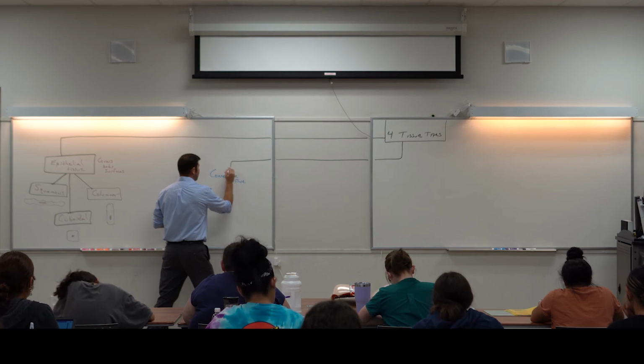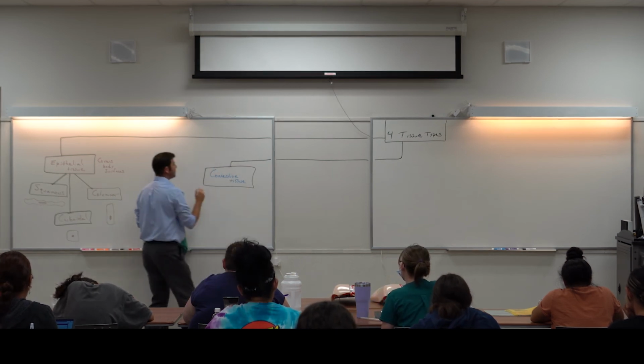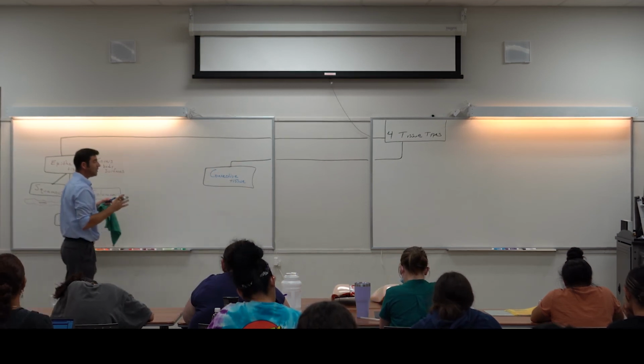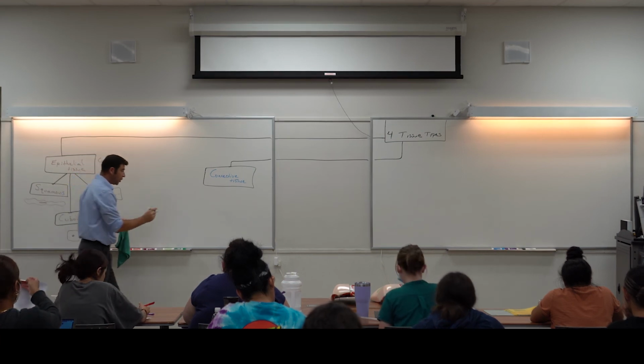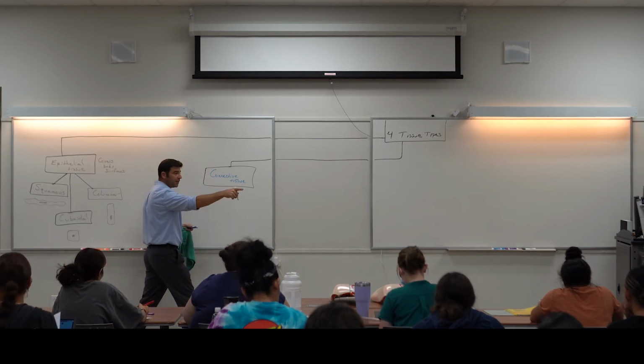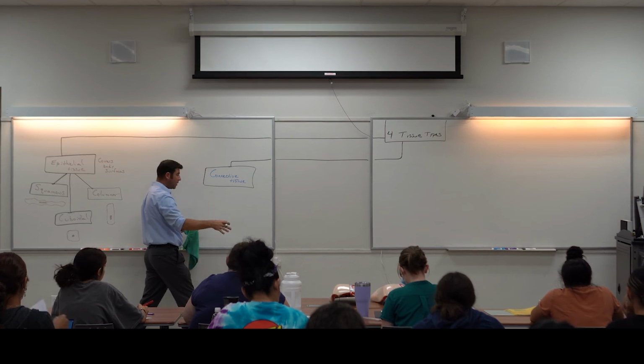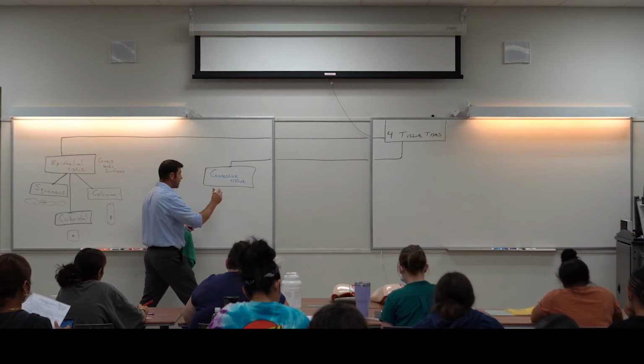Connective tissue is going to take up a lot of space because connective tissue we're going to see is subdivided into 3 smaller groups. And I've actually tried to separate these in the section that represents connective tissue. I'll explain it in a second.